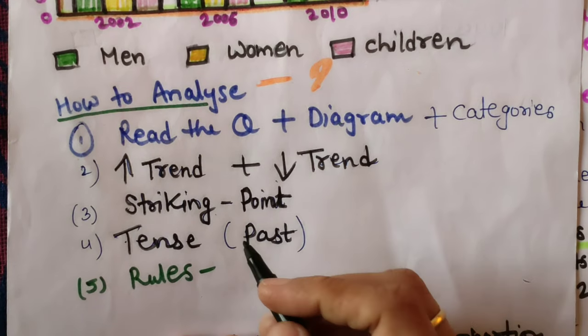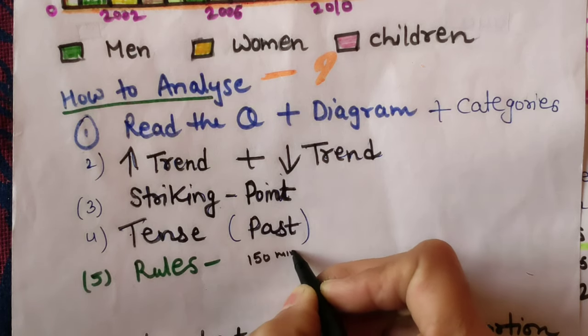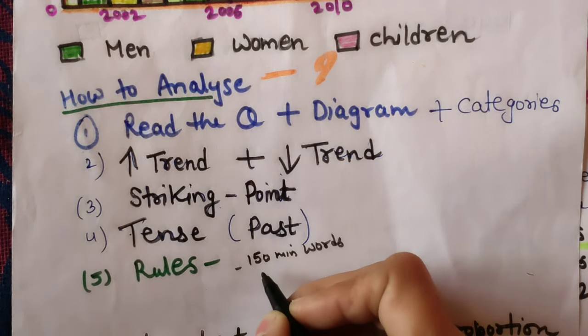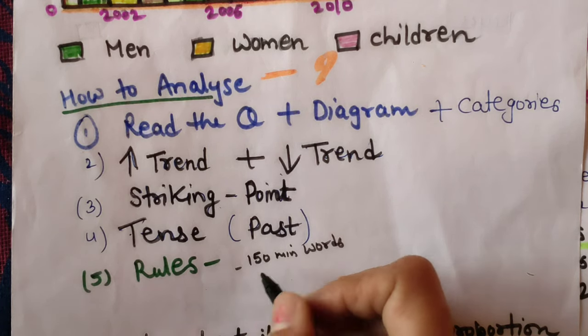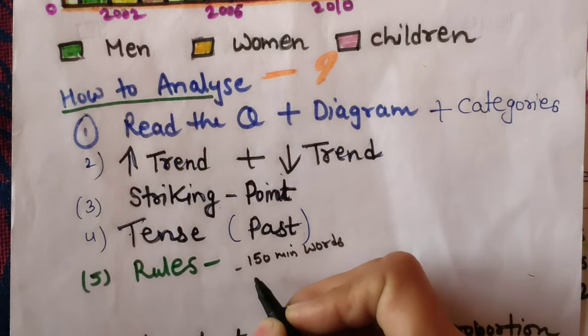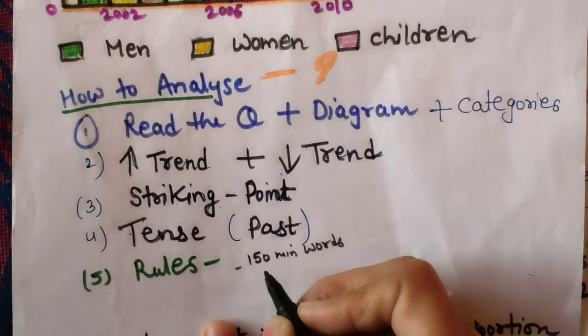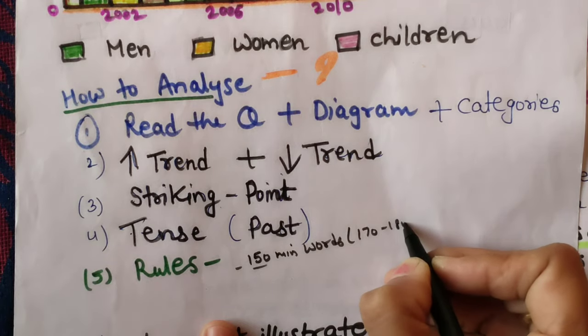So do you know the rules of writing task 1? Minimum 150 words you need to write. If your word count is like 148 or 145, then also it is okay. It's not like you will get a penalty for writing 145 or 144. No, 150, and you can write 170, 180, anything.